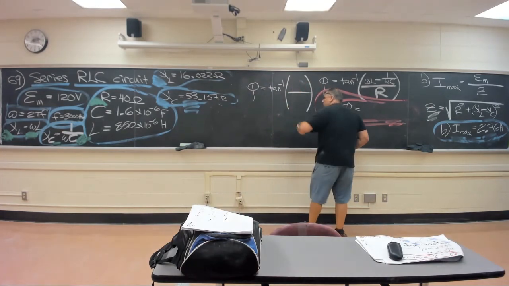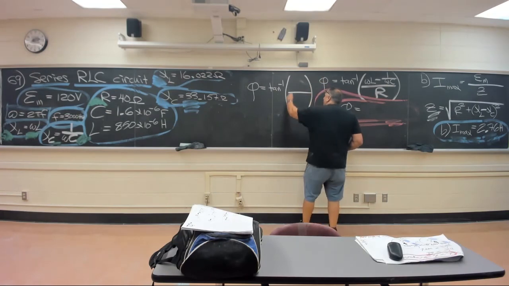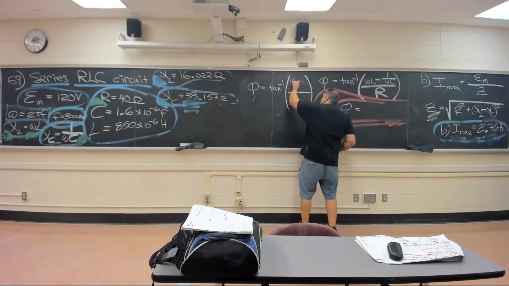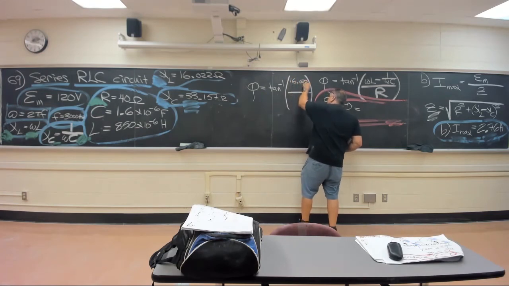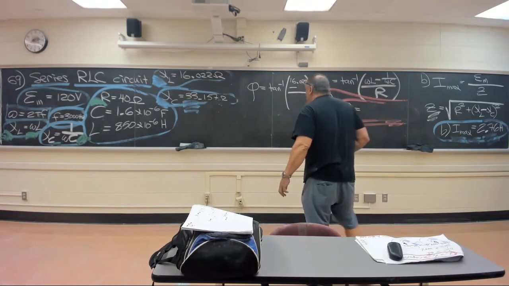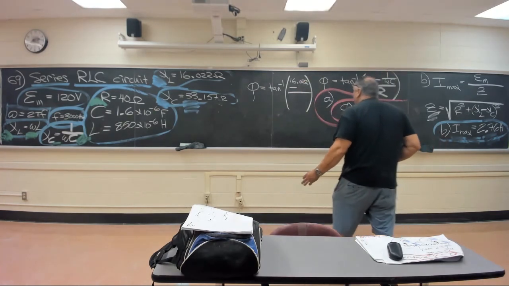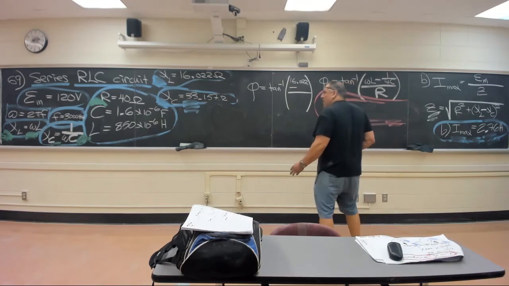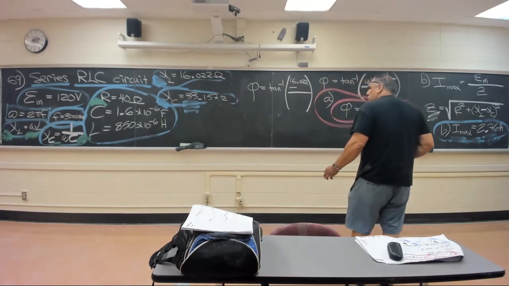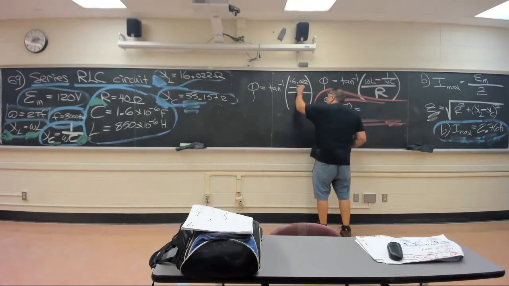Right, and this is really the thing that should have stood out more than anything. The XL, that's the omega L, is 16.022, minus the XC, which is 1 over omega C, is 33.157.